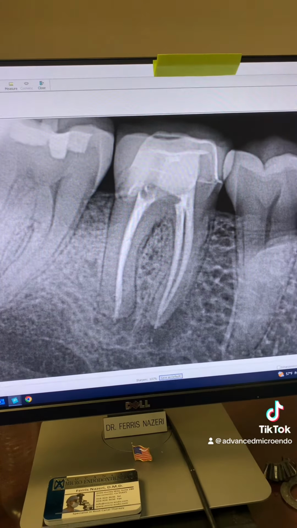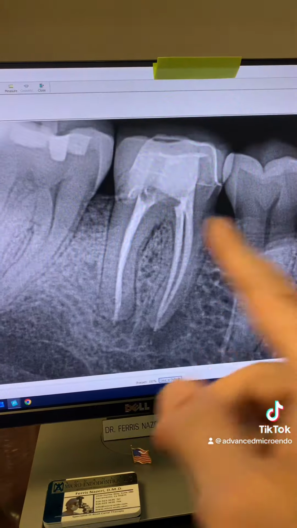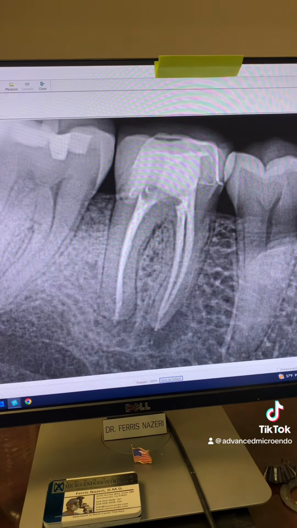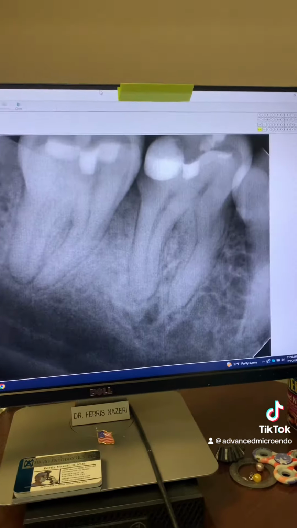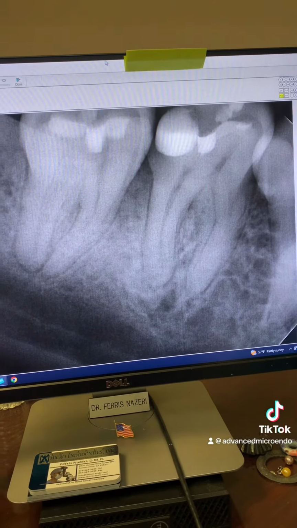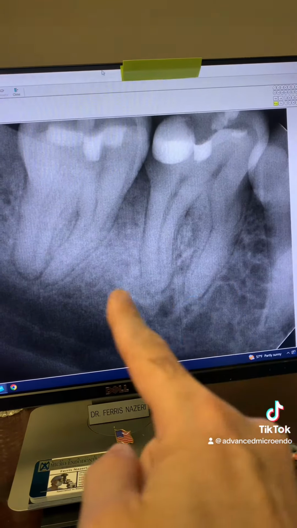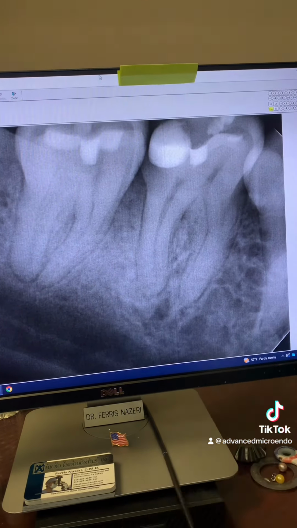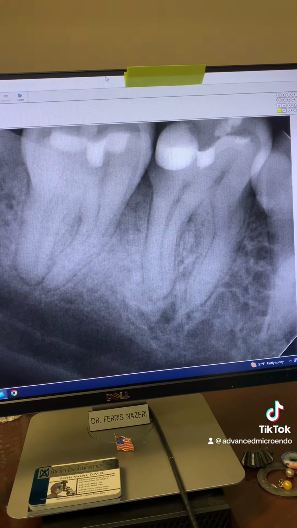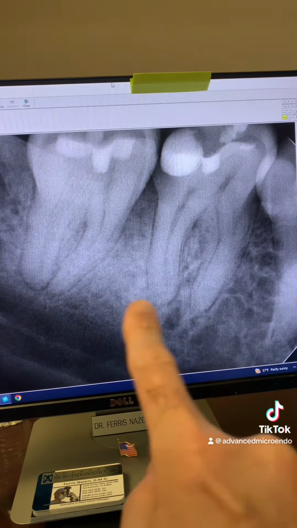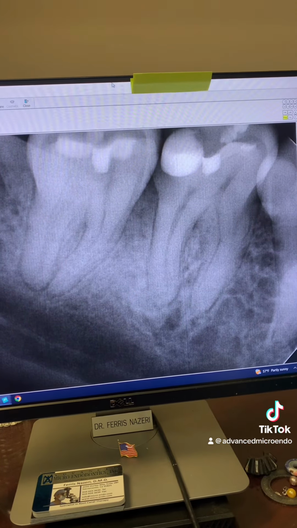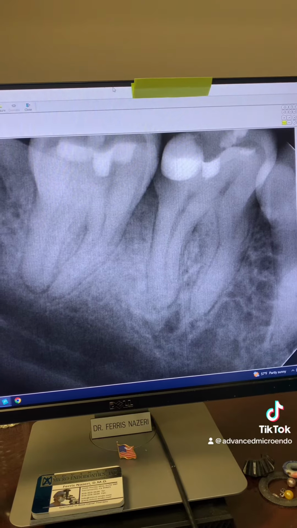So I want you to take a look at his X-rays from before he did the root canal, from a year ago. And this is the X-ray that he sent us of tooth number 30. As you can see, there was no periapical radiolucency associated with tooth number 30 before the root canal. So the periapical radiolucencies happened after the root canal.